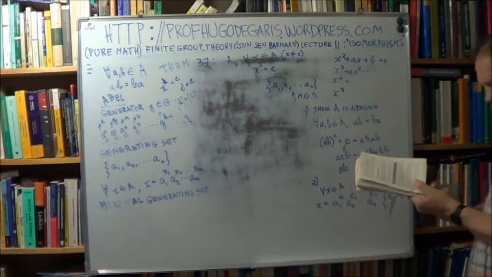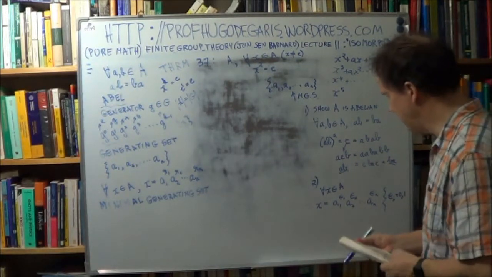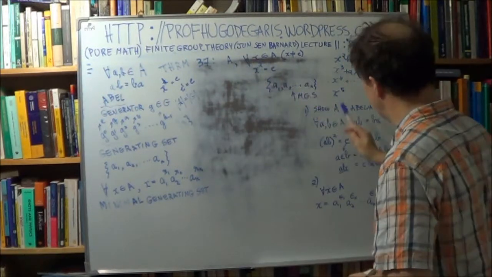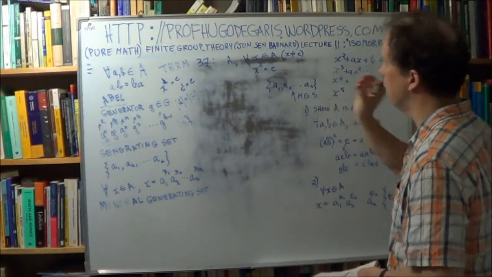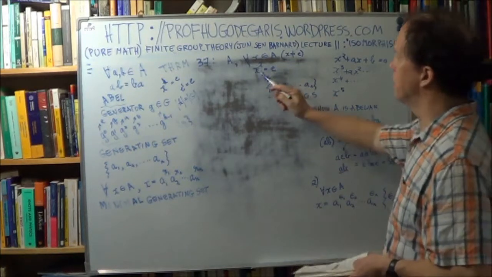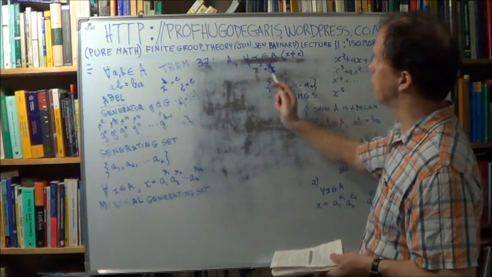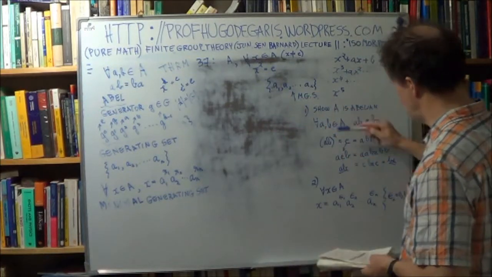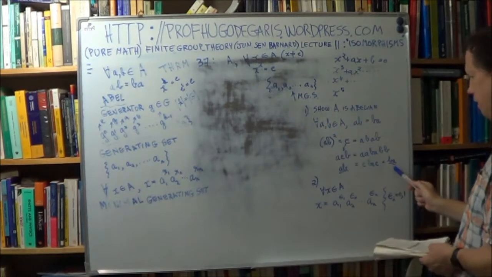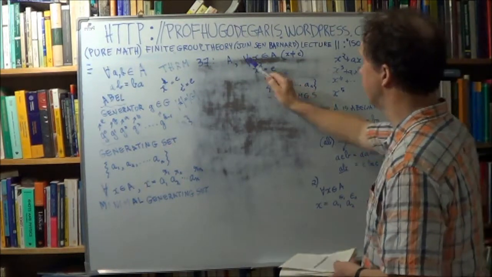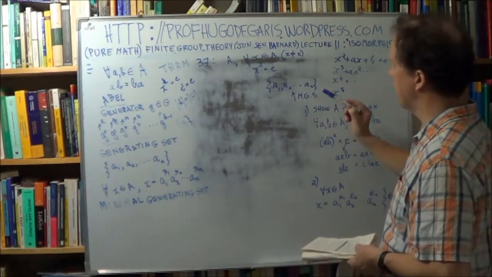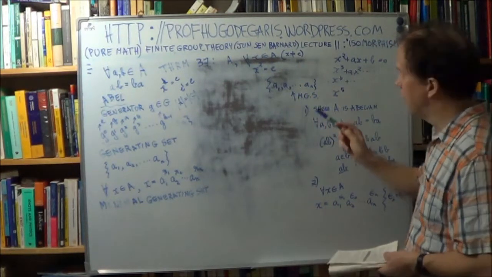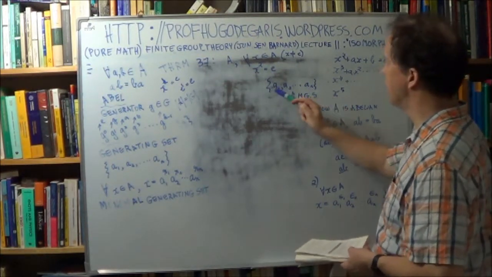Okay, so I'll say that again. You're given this, and this property: all elements are of second order, except of course for the unit, always the exception. And because of that, prove that it's abelian. We're also given for this set a minimal generating set, which has n elements in it.